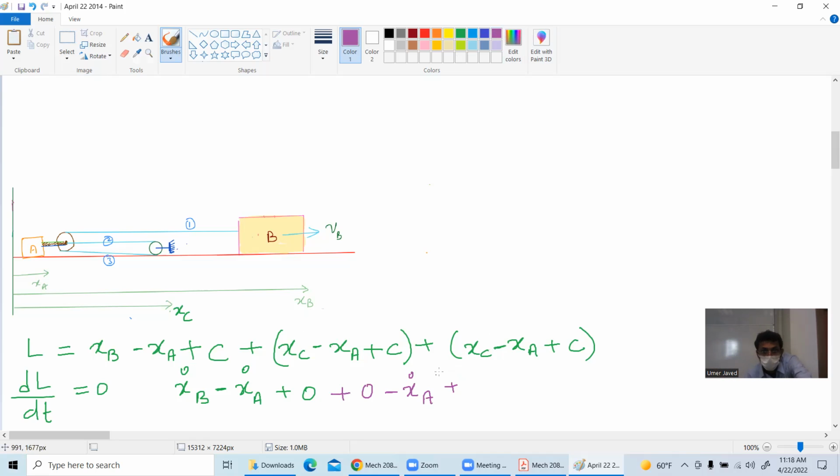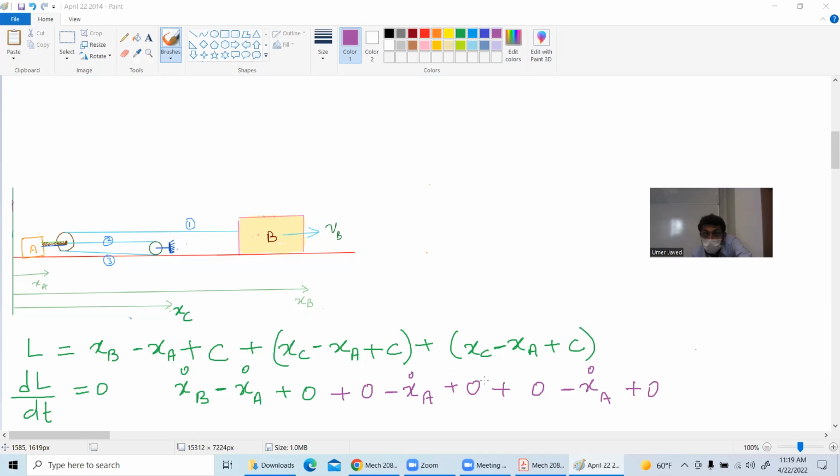Plus 0 plus X dot C, 0 minus X dot A plus 0. So we will get equal to 0. So the answer comes out to be X dot B equal to 3 times X dot A, and take a time derivative.